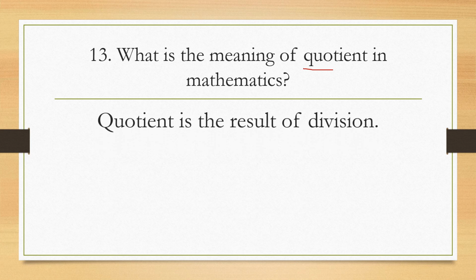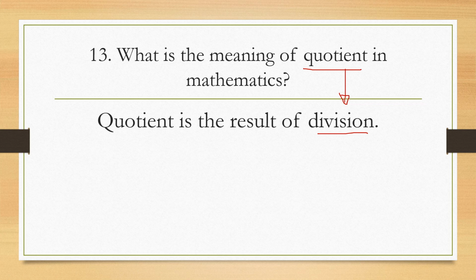Quotient is the result of division. Okay? So again, sum is for addition, difference is for subtraction, product is for multiplication, and quotient is for division.